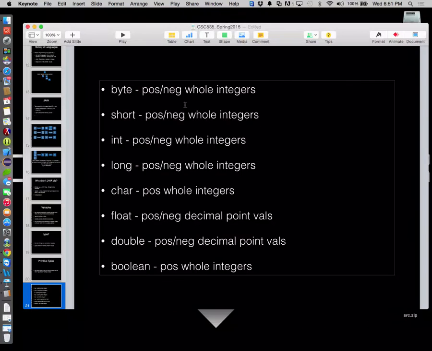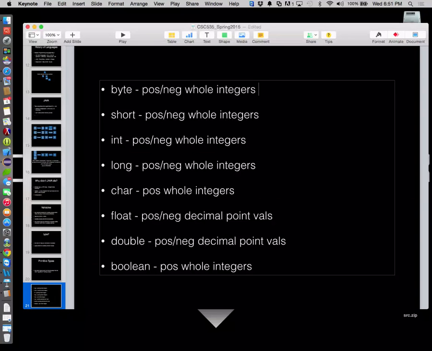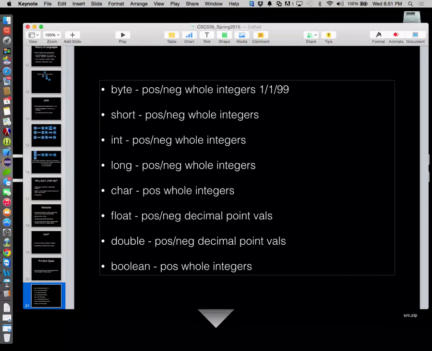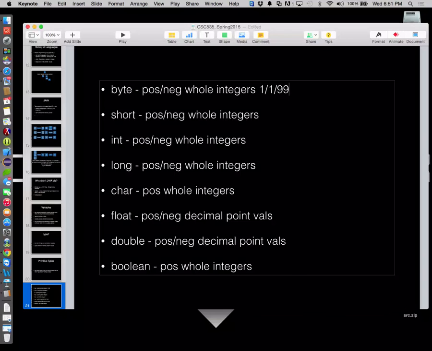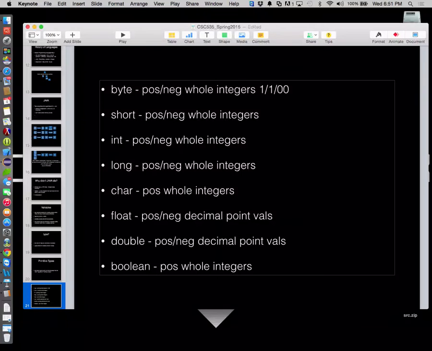Why? Because we've gotten pretty used to writing dates like, for instance, January 1st, 1999 would be 1/1/99. Well, January 1st, 2000 is 1/1/00.